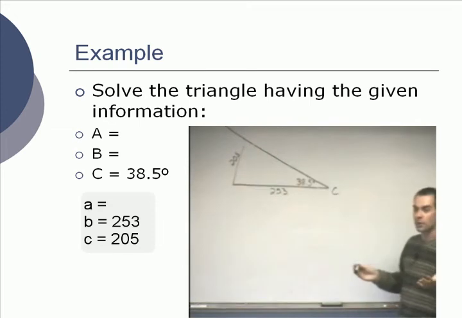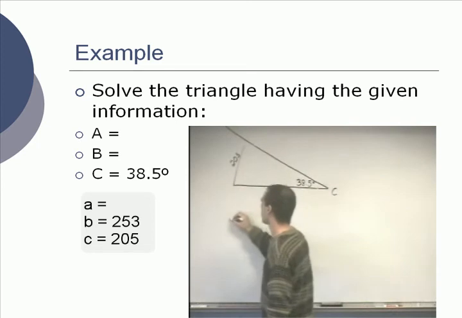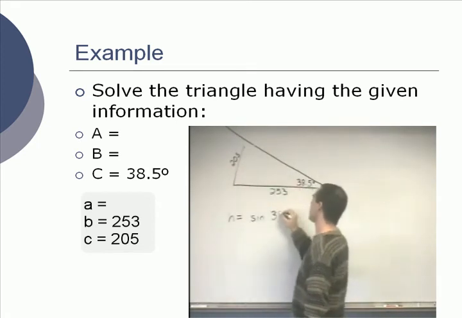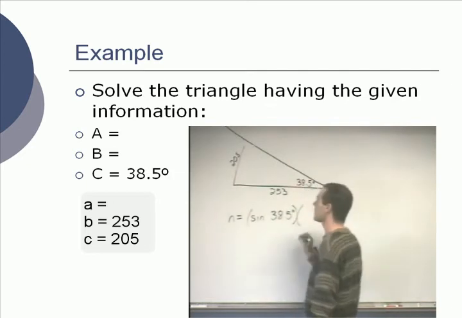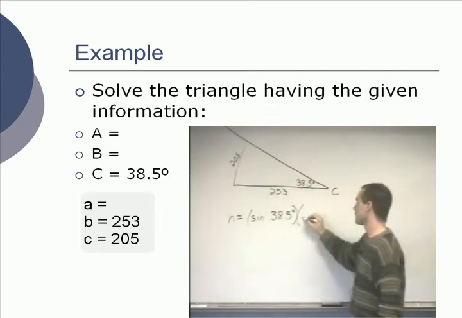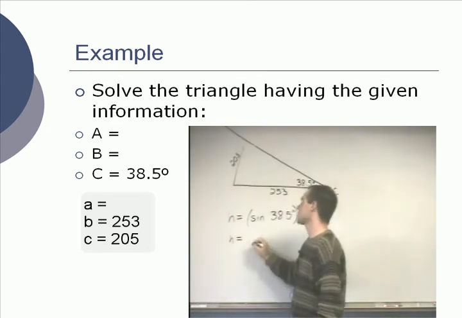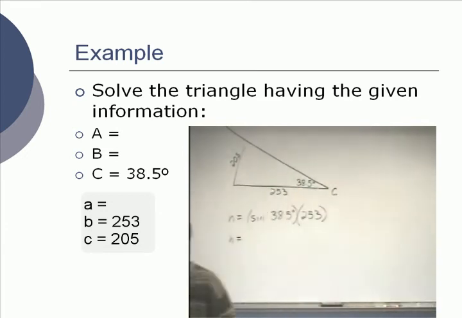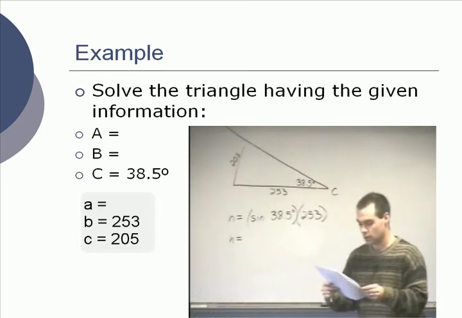All right, well, the first thing we need to do is check and see if we can even form a triangle. h equals sine of 38.5 degrees times 253. And so our minimum side length is, what'd you get, Bill?